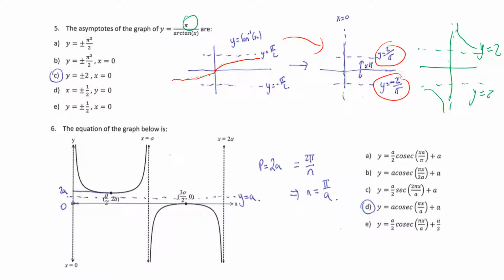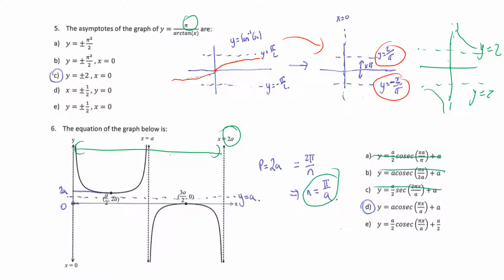Okay, so we know it's got a period. It's going through one full cycle every 2a, so we can calculate the coefficient of x we can expect in the argument. So anything that doesn't have a coefficient of pi on a, we can immediately remove. Okay, just down to those two options.